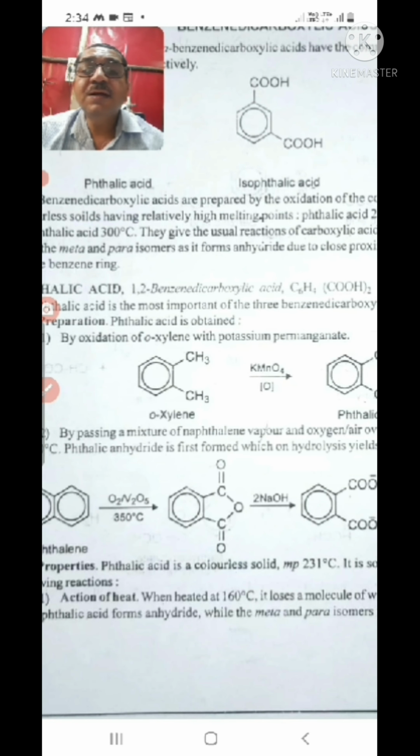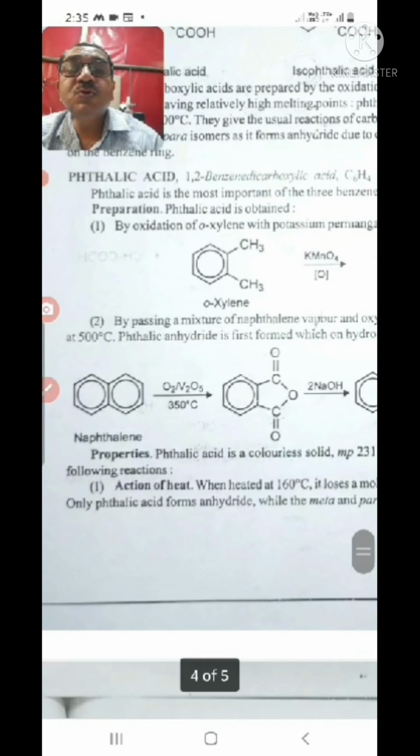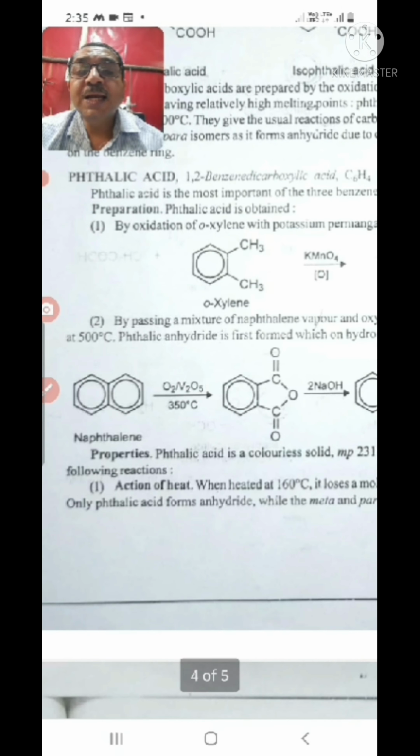We can use orthoxylene, and when we oxidize orthoxylene by using potassium permanganate, we get phthalic acid. Another source is by using naphthalene.